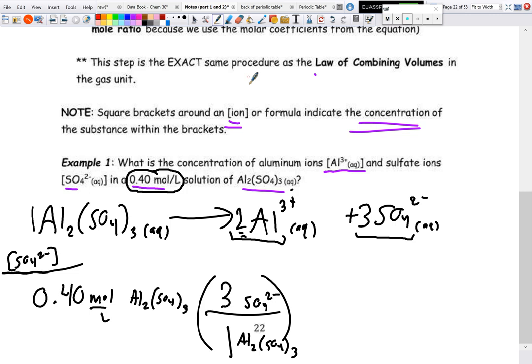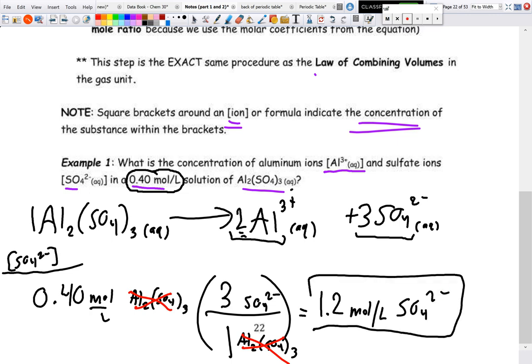Now by dimensional analysis, we'll see the units of aluminum sulfate are going to get canceled out. And then what we're left with is 1.2 moles per liter of, in this case, SO4 2-.